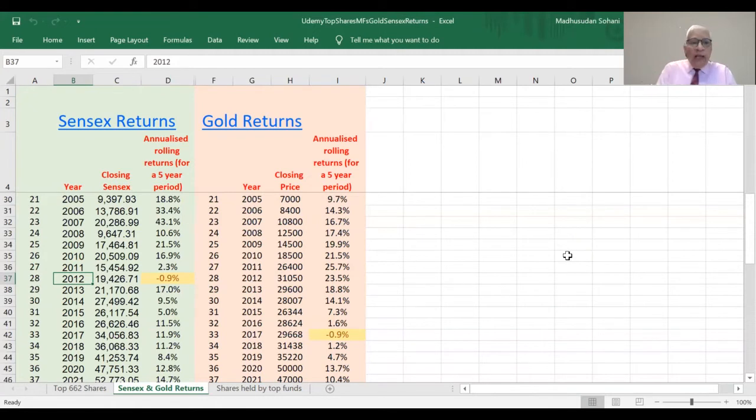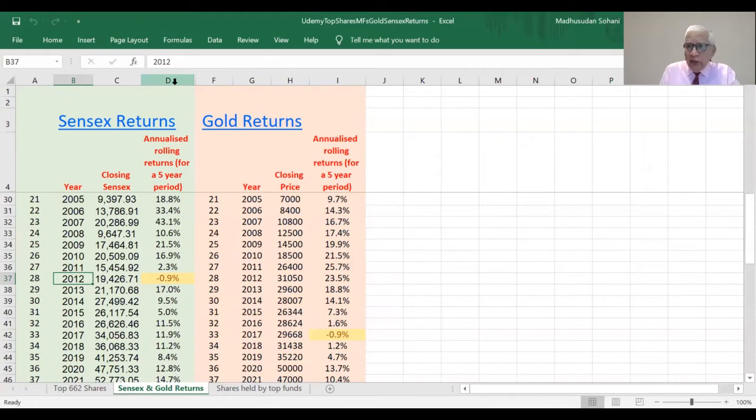What does it show? Out of 37 occasions, only on 3 occasions has the annualized return been negative, taken over a 5-year period. It means that the longer you stay invested in the share market, the more beneficial it will be to you. If you calculate returns over a 10-year period instead of a 5-year period, those have also been calculated.